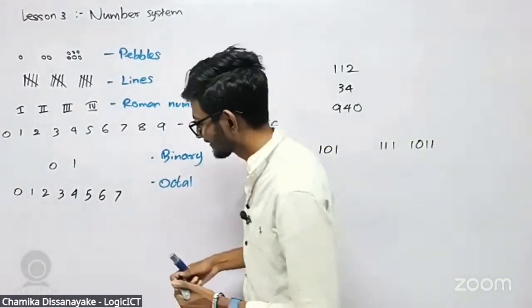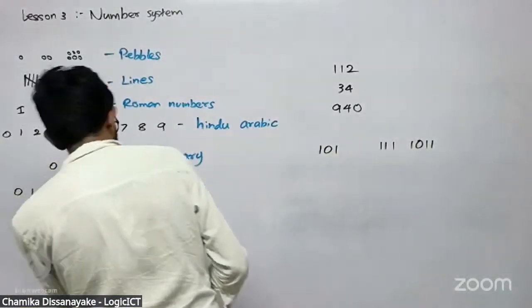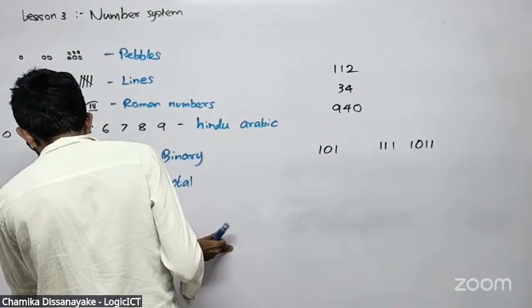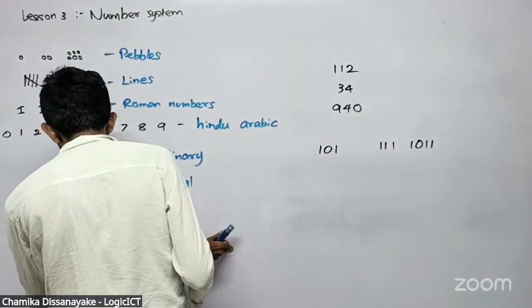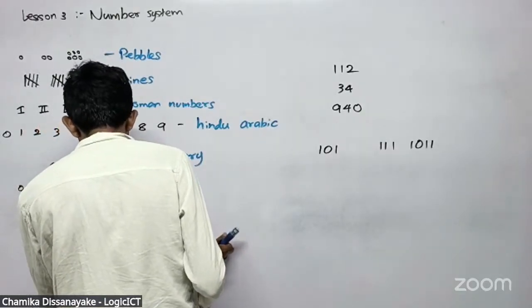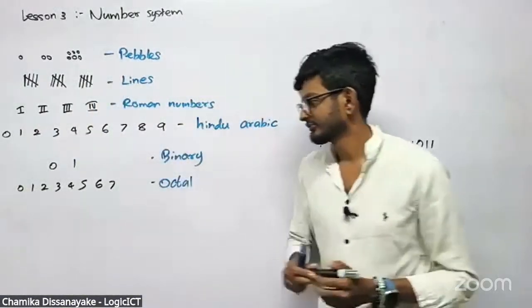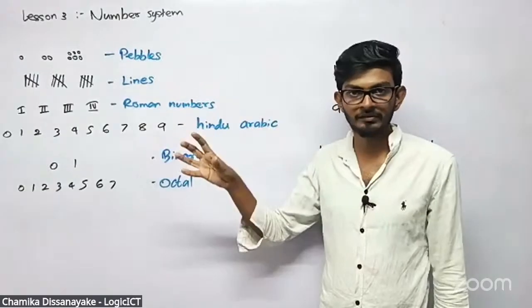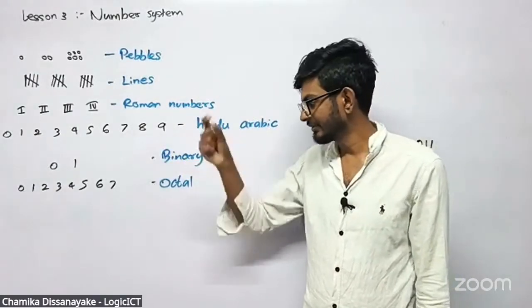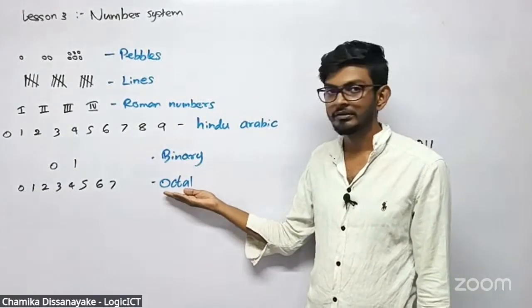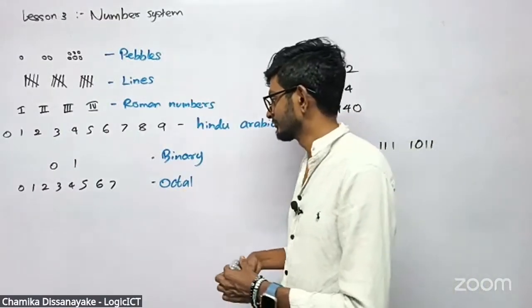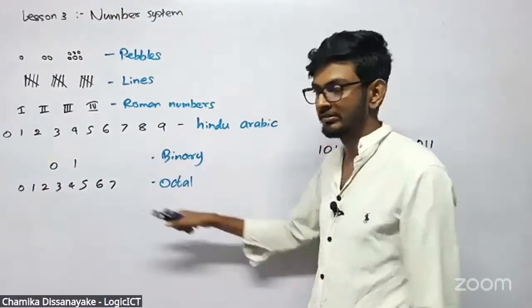So I will write again. So there are 8 symbols, guys, in the octal number system. I think you got the idea of this one also.